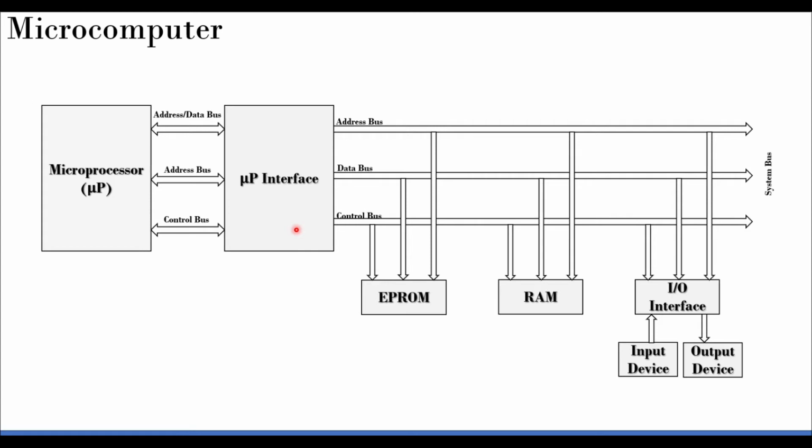The only difference between a microcontroller and a microcomputer is that a microcontroller is a single chip where all the components are there, but a microcomputer is not like that. It has a microprocessor chip, it will have the interfacing chip separate, it will have the memory chips separate, and then of course the interfacing we have to make. And it may have buses which carry the address alone, the data alone, and the control bus alone.